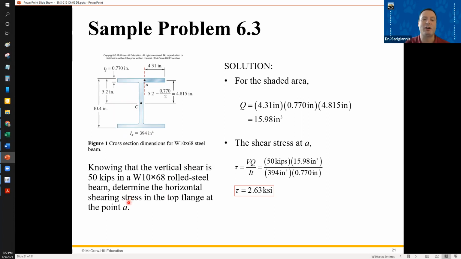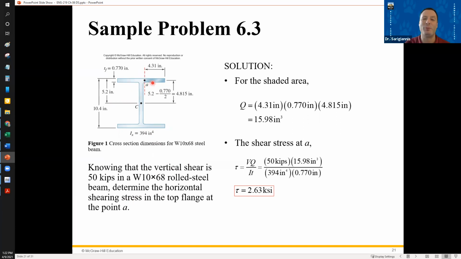It says determine the horizontal shearing stress on the top flange at the point A. So we're interested in that horizontal shearing stress. We're going to look at the shaded area. This is our shaded area to calculate Q with, because we're looking at that stress right there at that point, along that cut, if you will.